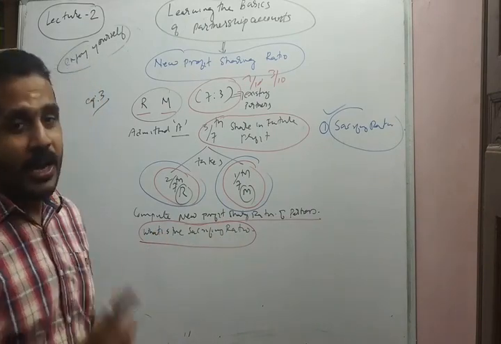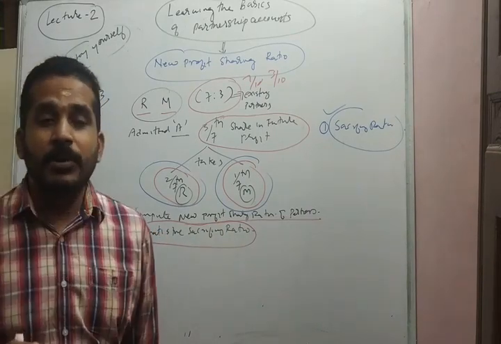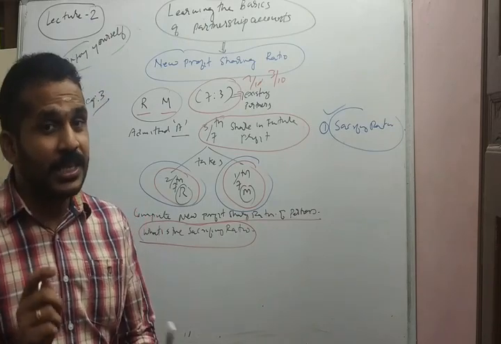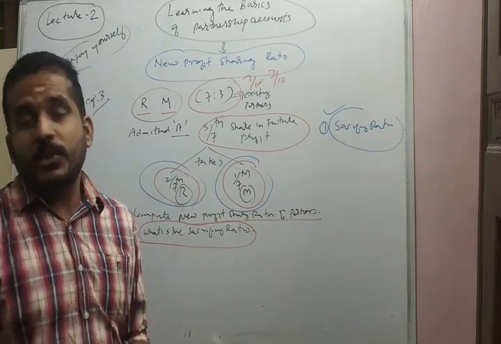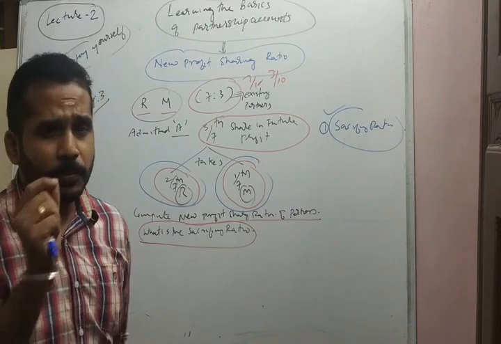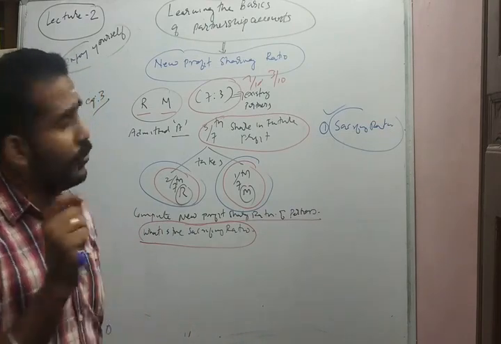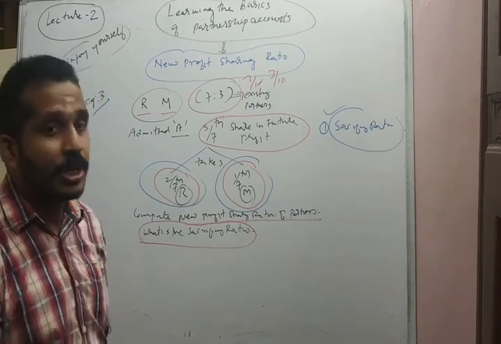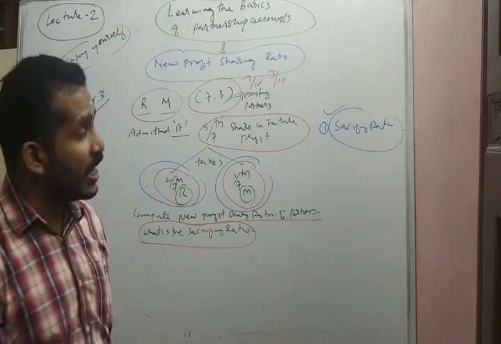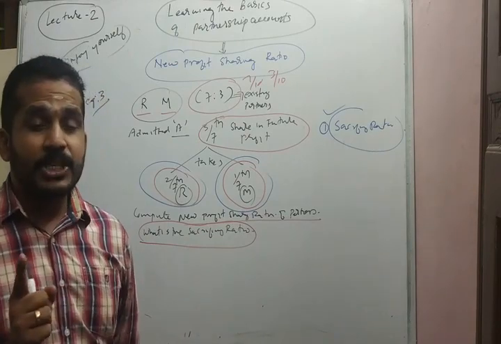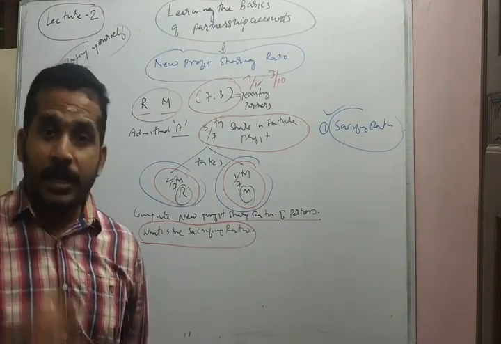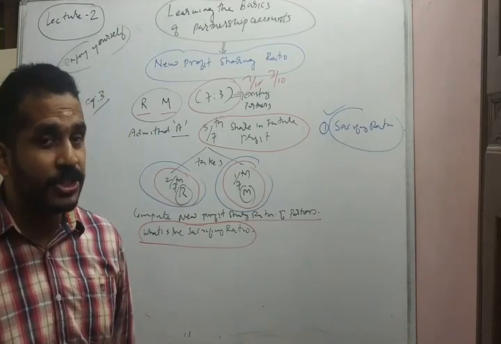So first of all, remember, in the computation of new profit sharing ratio, this is for conceptual understanding, students, please note down. In the process of computation of new profit sharing ratio in the case of admission, you should first analyze whether the sacrificing ratio is given in the question or not. If not given in the question, it should be computed initially.